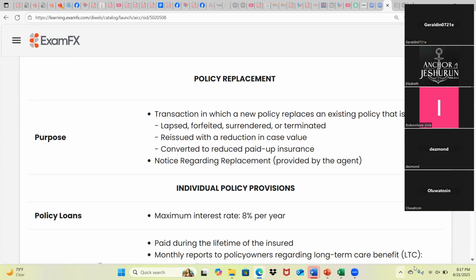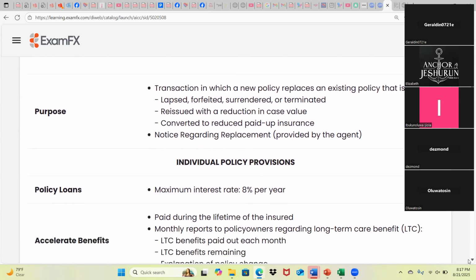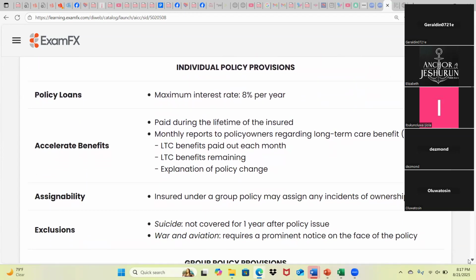So again, for individual policy provisions, the highest interest that you can charge on a policy, say if you take a policy loan, because there are policies that accumulate loans. Again, the policies that accumulate cash are universal life policies and whole life policies.